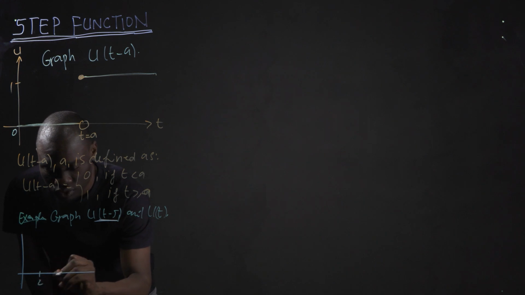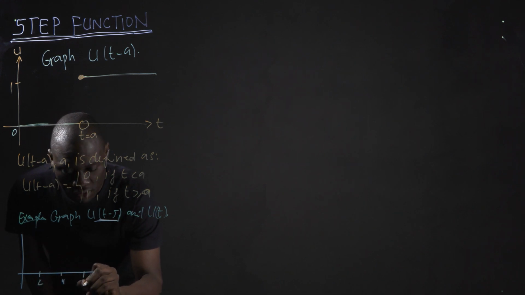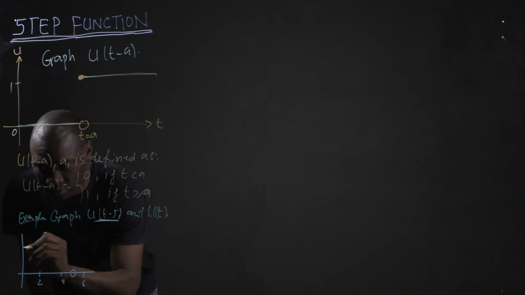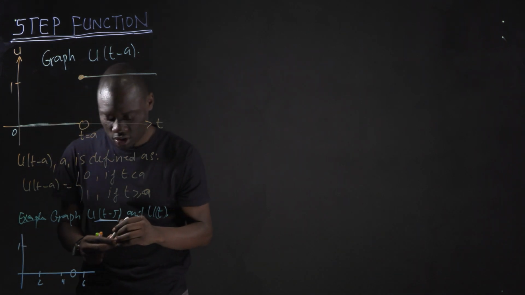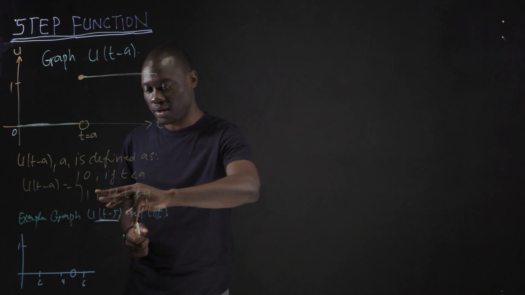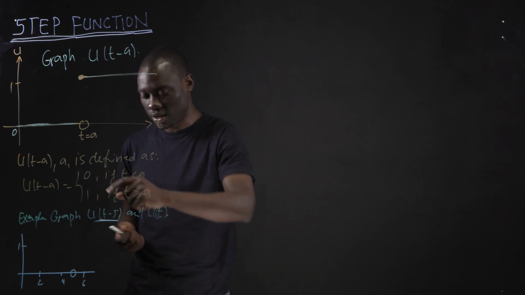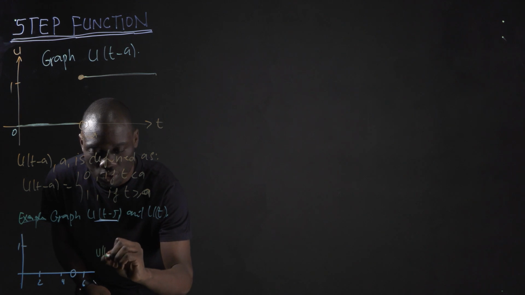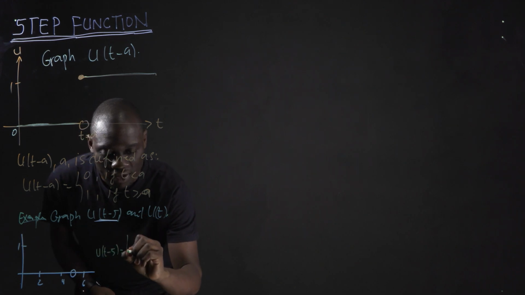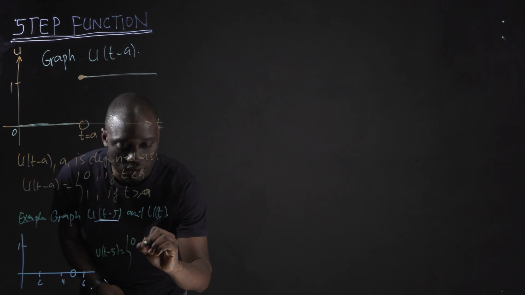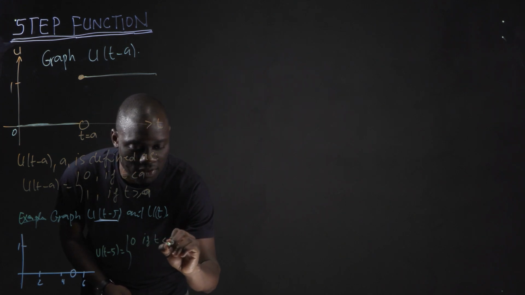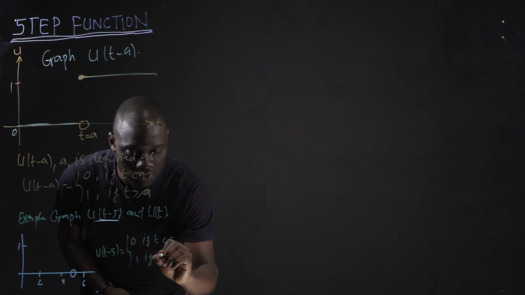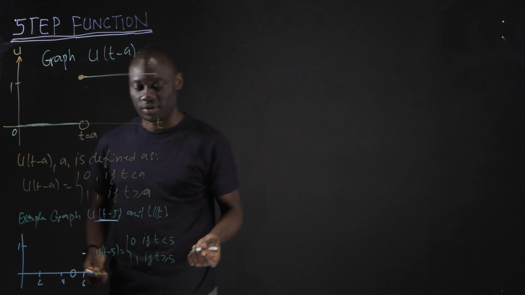Let's say I have 2, I have 4, I have 6, so here is 5. So I'll put an empty circle here, and this is 1. So using the definition here, u(t minus 5) equals to 0 if t is less than 5, and 1 if t is superior or equal to 5, right?